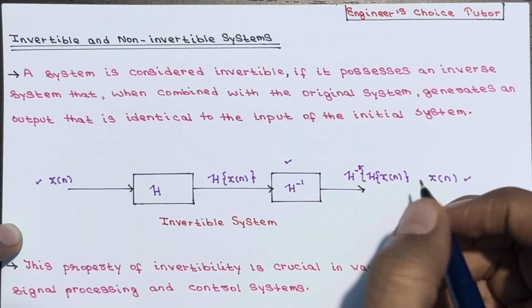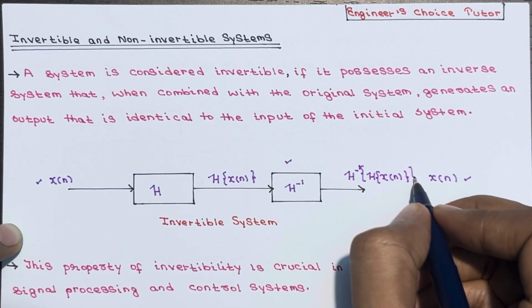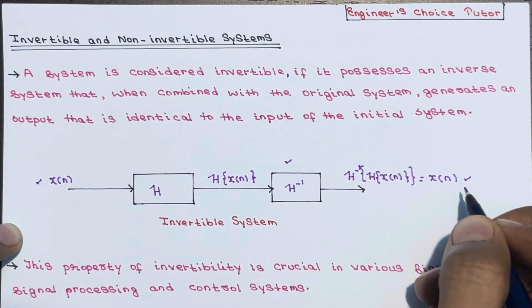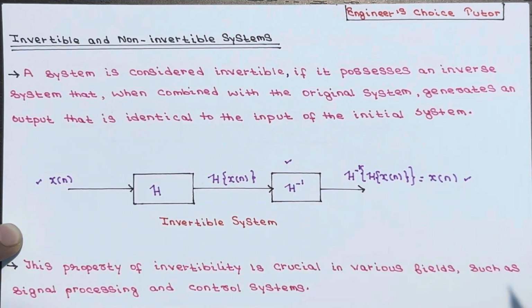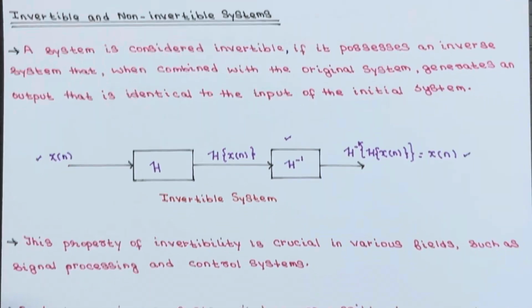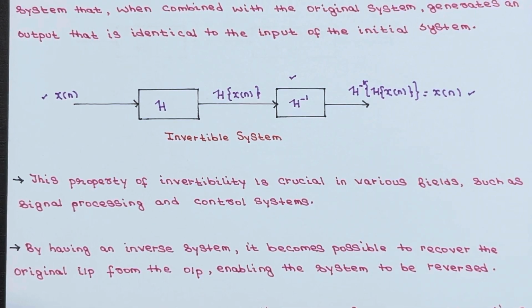Clear? If this is equal to x of n, the original input, then we can say this complete system is an invertible system. Fine. Now let's go next and understand this.